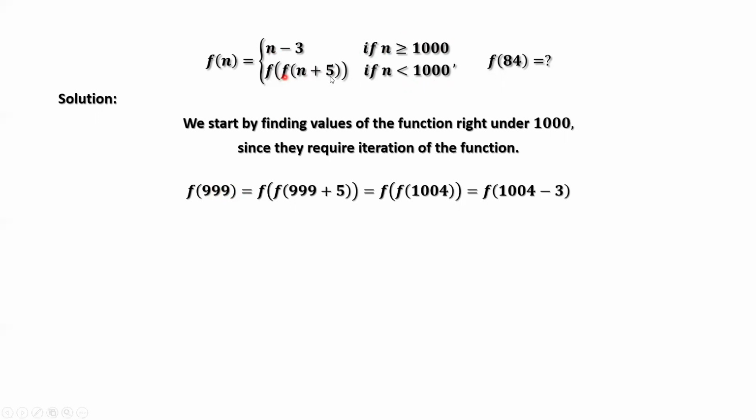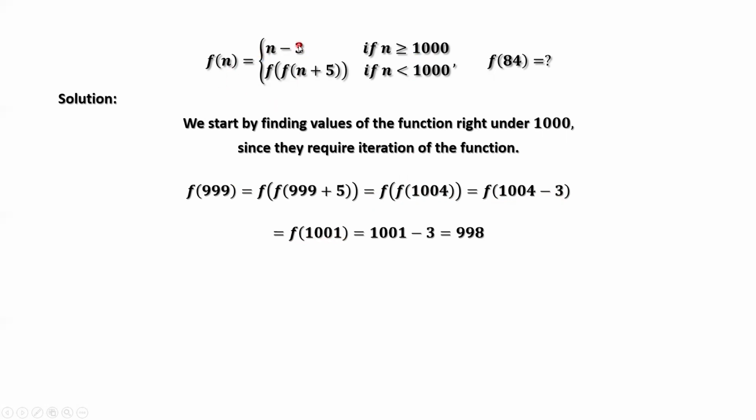We use the second formula. n plus 5 is 999 plus 5, which is 1004. 1004 is bigger than 1000. For f of 1004, we can use this formula, n minus 3, which is 1004 minus 3, which is f of 1001.